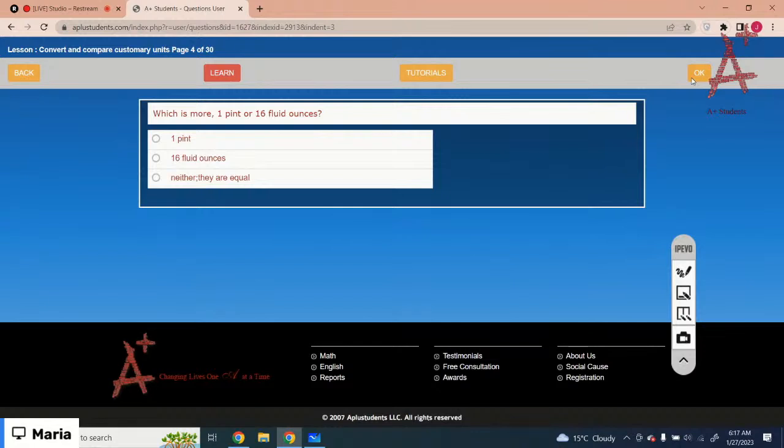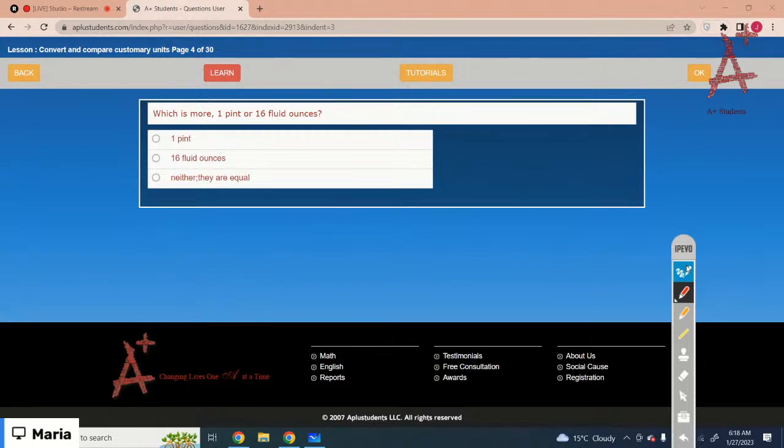Okay, the next one is, which is more, 1 pint or 16 fluid ounces? I think 16 fluid ounces. Let me just confirm how many fluid ounces are in 1 pint. 1 pint equals 16 fluid ounces.